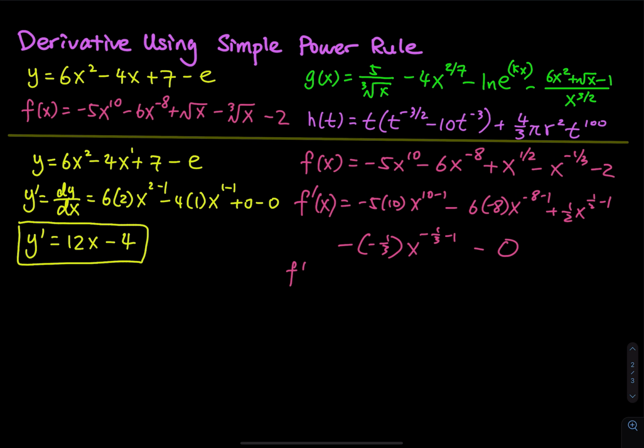We have f prime of x equals negative 50x to the 9th power, and then plus 48 x to the negative 9 power, and then plus 1/2 x to the negative 1/2 power, and then plus 1/3 x to the negative 4/3, right? Hold on. We have a negative.